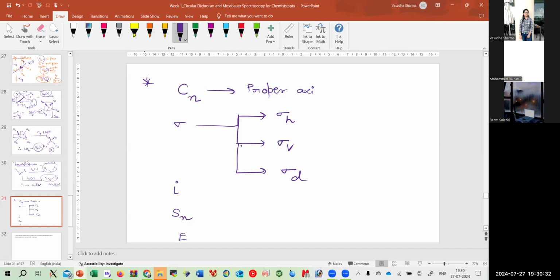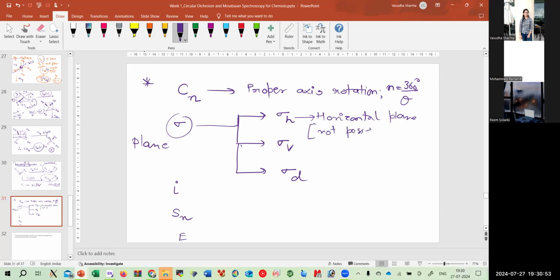That means you need to give a certain angle of rotation along a particular direction, and n equals 360 by theta. Sigma is your plane of reflection. Sigma h is your horizontal plane. The horizontal plane is something which should not possess your principal axis.